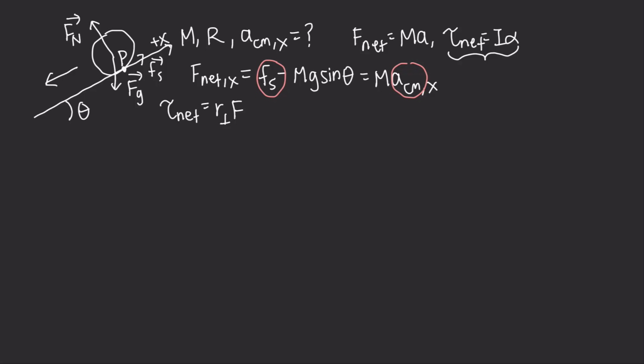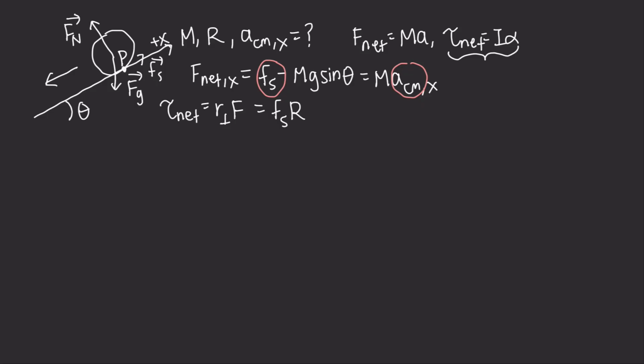And the only force that is applying a torque to the body is the frictional force. And we know that because both the gravitational and normal forces have zero moment arms about the center of mass. So they produce no torque, obviously. So only the frictional force applies a torque, and it has a moment arm of R. So this is the torque that it provides.